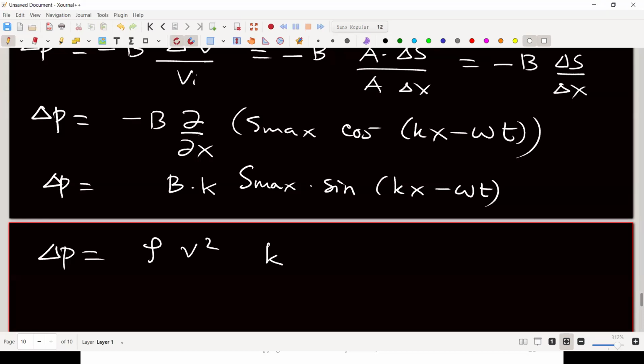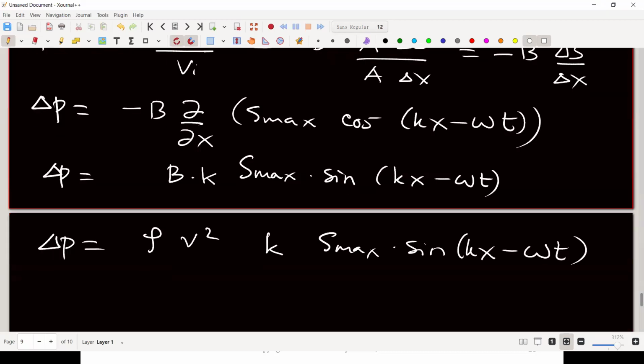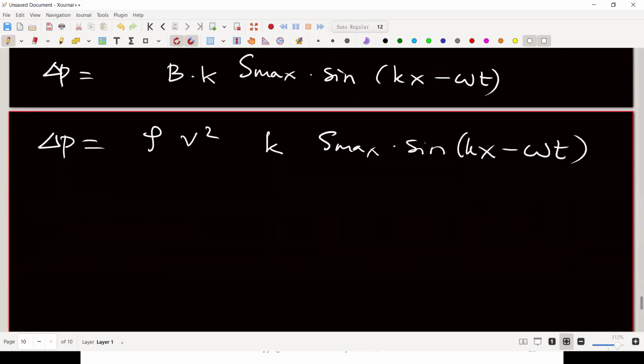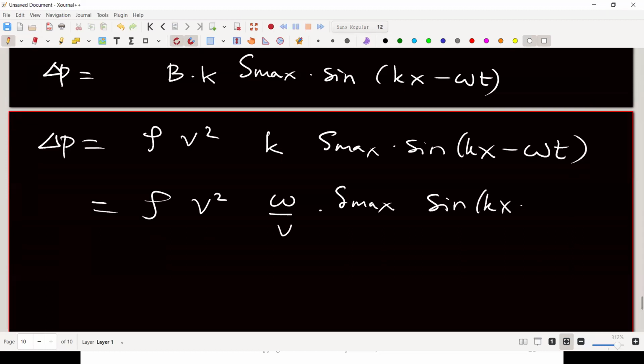And then S max sin kx minus omega t. So this one rho v square k is omega divided by v, S max sin kx minus omega t.